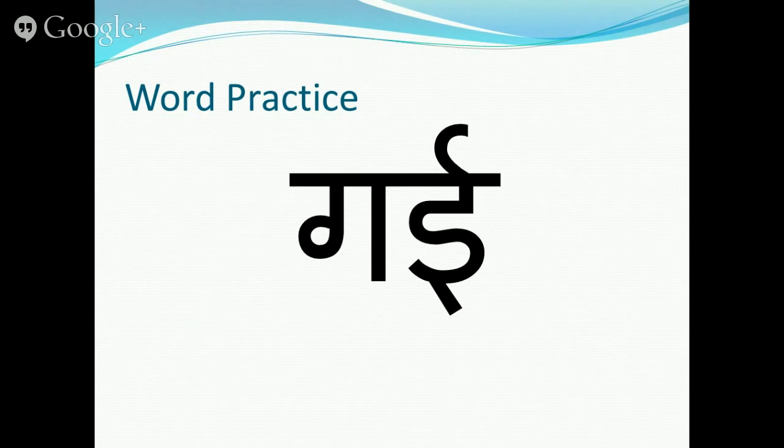The first syllable is ga, and then the second syllable is e. So we don't want to get rid of the e. Remember it's there. So this is actually gai. Ga followed by e. Gai. Now, especially if you learned Hindi strangely in the beginning, you might have a tendency here to say gi, but remember the a is there. Gai.